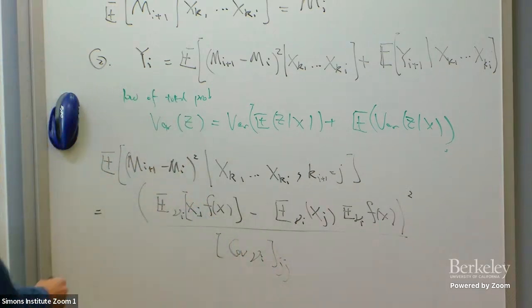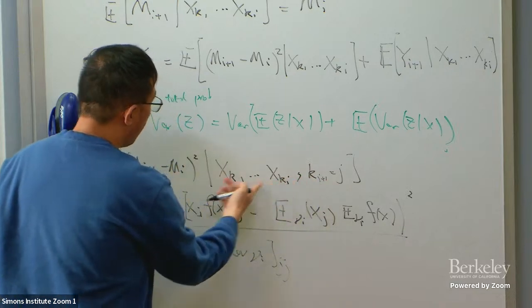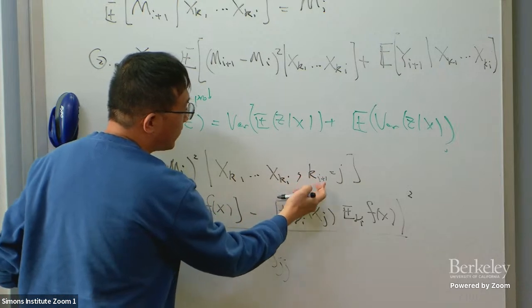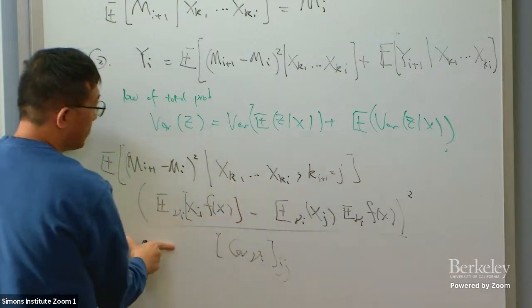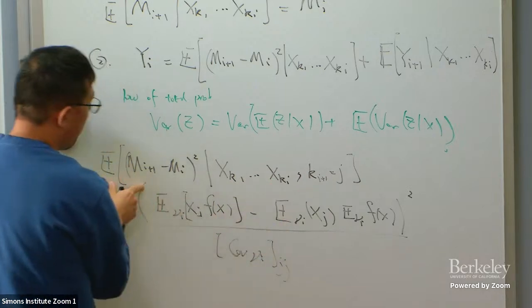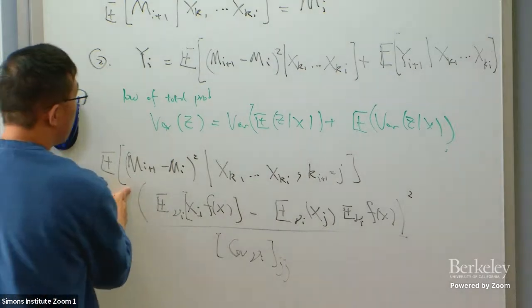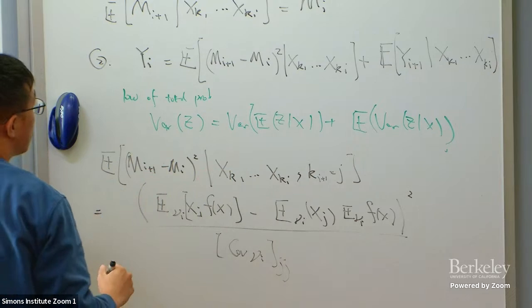If you do this calculation by conditioning more on xki plus 1 equals plus 1 or equals minus 1, and then sum this together, you will get this formula. To go from here to here, you just sum this up.